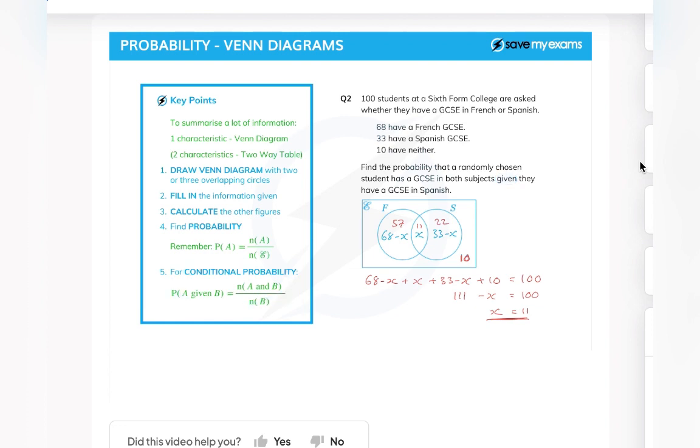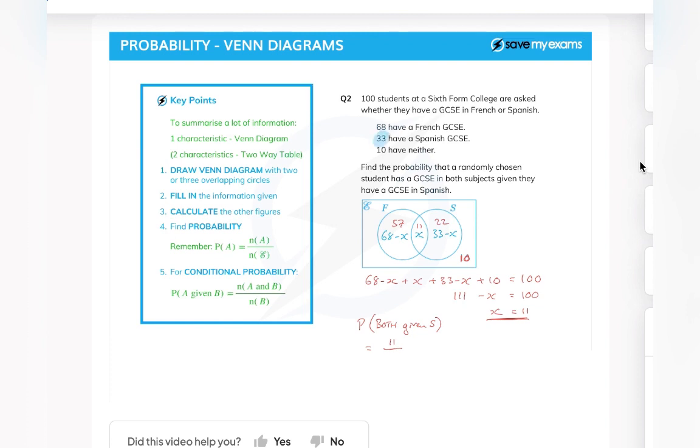So let's write that down. We want the probability of both, so the overlap, if you like, given that they do Spanish. Okay, well that's going to be the number in the overlap, so where they have both and Spanish, well that's just both, so that's 11 over, well how many are there in Spanish altogether?